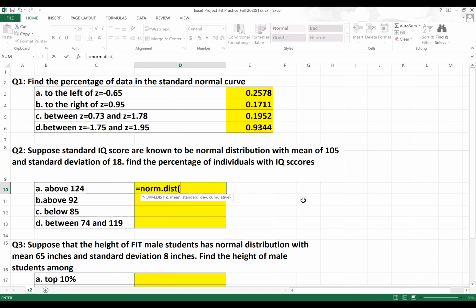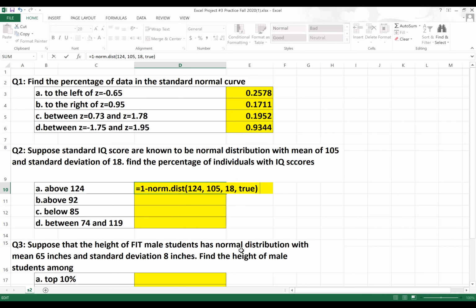For normal distribution, we need to know 3 things, right? The IQ score. But since it's above, we've got to do 1 minus NORM.DIST, putting IQ score 124. Mean is 105, standard deviation 18. And then the last argument is we accumulate everything to the left, true.